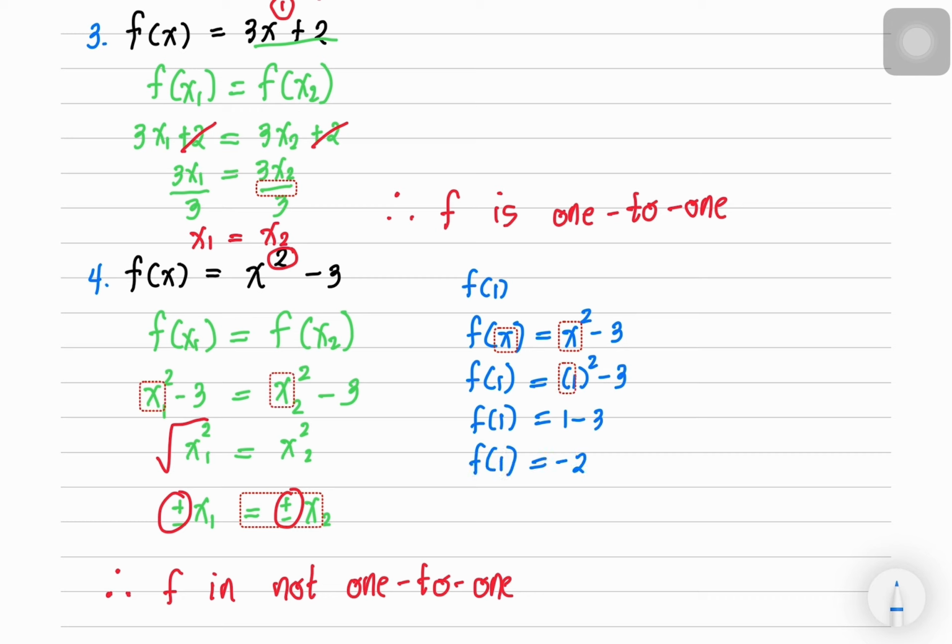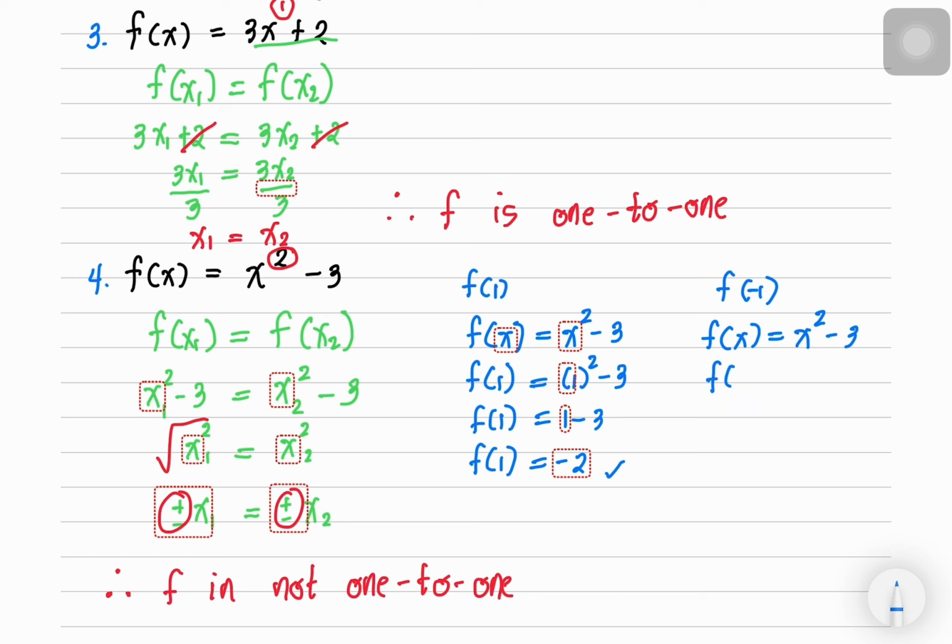So, ibig sabihin, yung y values natin or yung f of x is equal to negative 2. Okay? And then, what if we have f of negative 1. The one is positive, the one is negative. So we have f of x equals x squared minus 3. Okay?